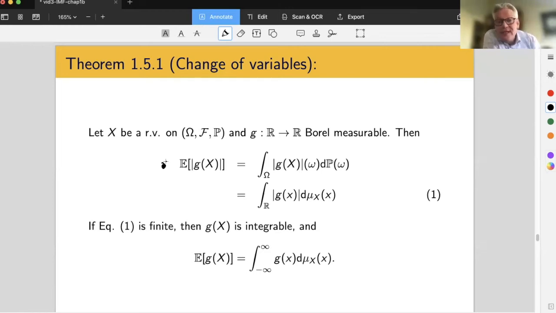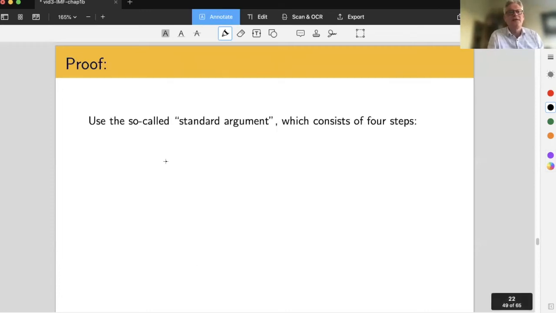We do not prove this here. The proof is based on what we call the standard argument. You can see it in the book and also in the slides to follow, but I will not discuss it here. One usually does it in 4 steps.